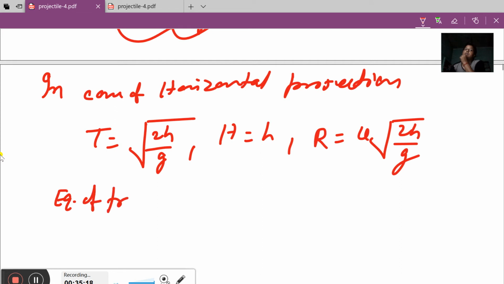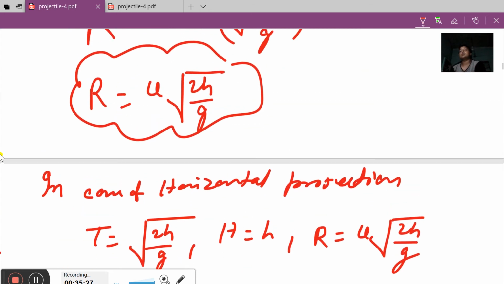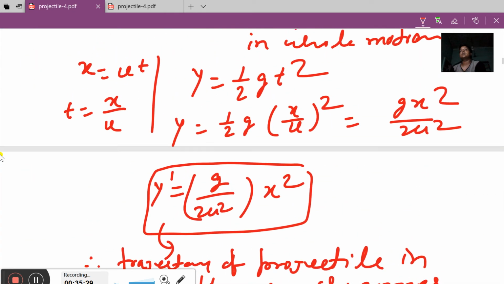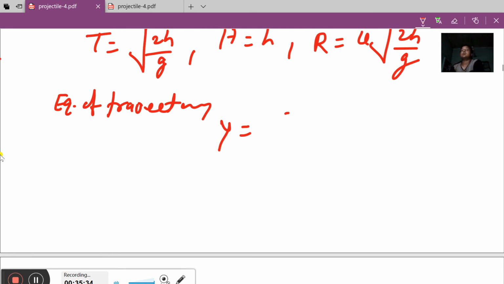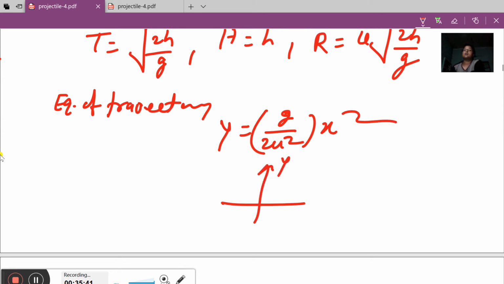Equation of trajectory is y equals g over 2u square x square. We can draw the graph. If this one is x, this one is y, the graph is like this.